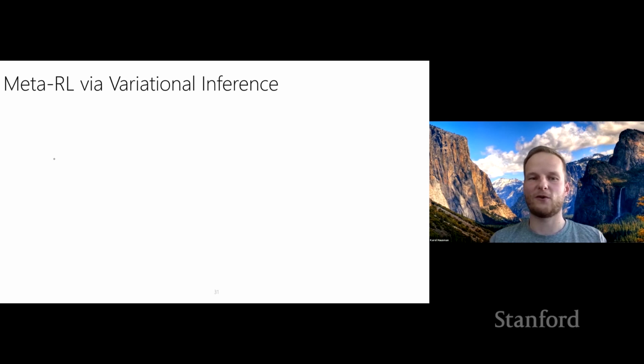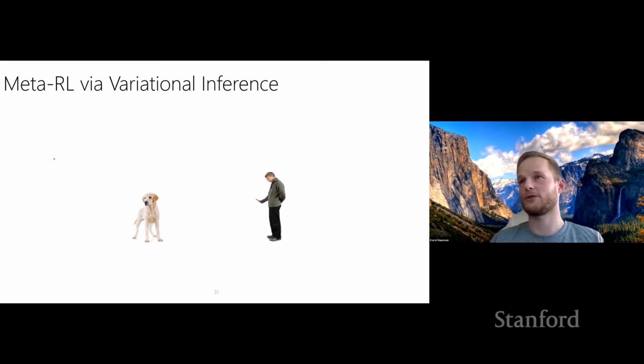All right. So far we've been considering the dog and the owner, and the task was very clear to the dog. The dog was trying to get to the owner, and it was getting there in a stochastic way, and we're trying to describe that process. Now with meta-reinforcement learning, the problem setup is a little bit different. Now the dog doesn't necessarily know what the task is, but the owner does.